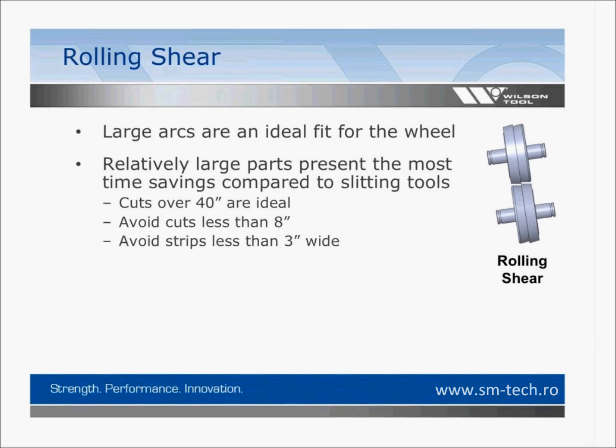The wheel tool can do those, but modern punching machines can also punch those straight lines quite quickly. So I say here, avoid cuts less than 8 inches. Again, that's a gray area, but that's kind of what we see in the field. Customers are typically not punching or using the rolling shear on shorter lines like 8 inches long. And if you're thinking about cutting strips, they should be 3 inches wide or wider. That's kind of typically what we see there.